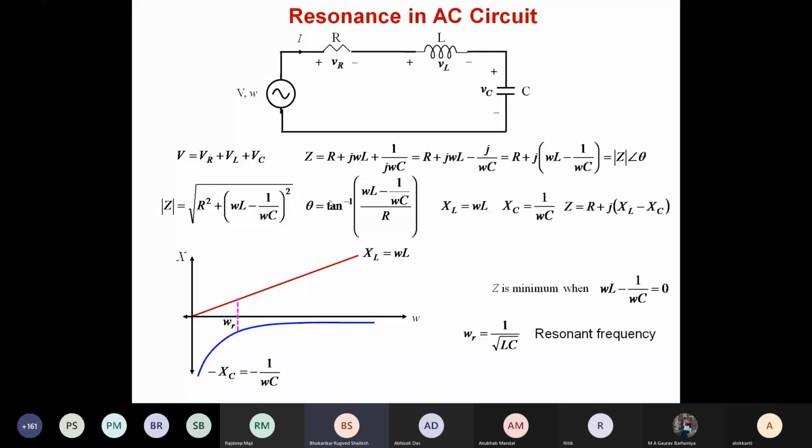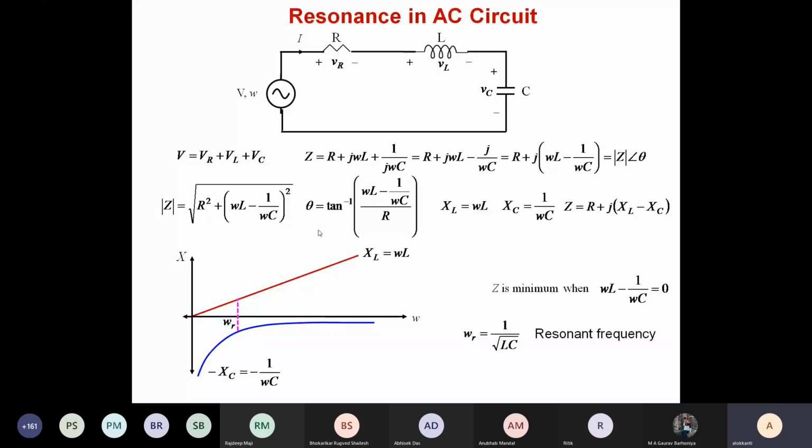Once you are in a particular system, the frequency is fixed. But many of you will be doing experiments in the laboratory. There are function generators where the frequency can be varied, and in many of these electronic experiments we will basically do this.